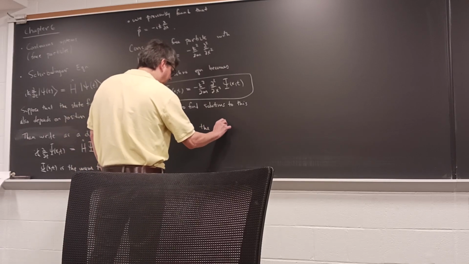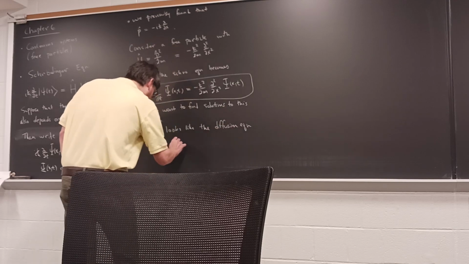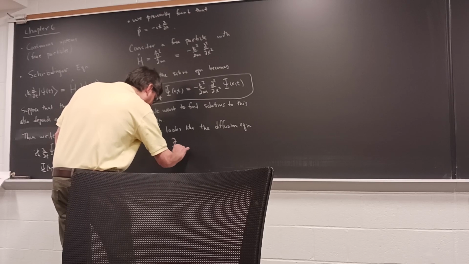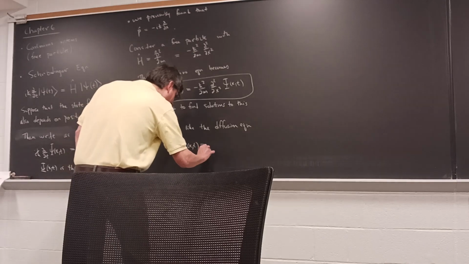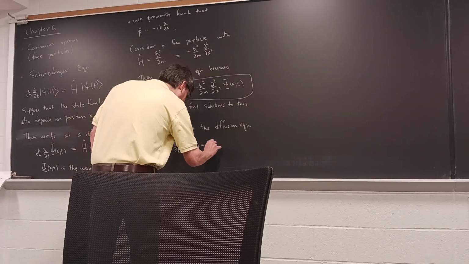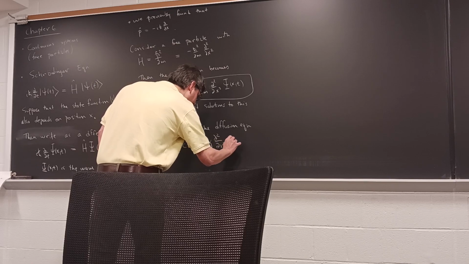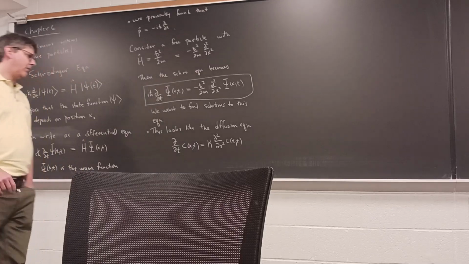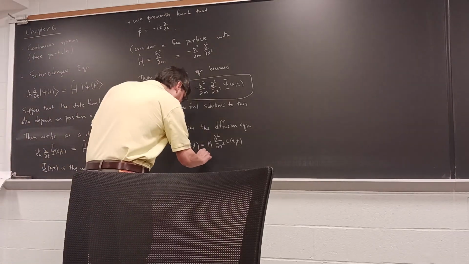It reminds me of the heat equation for PDE, the diffusion equation, which is, say, d by dt of c of x and t is equal to some kappa d2 dx squared of c of x and t. Okay, that's the diffusion equation, where kappa is some diffusion constant.